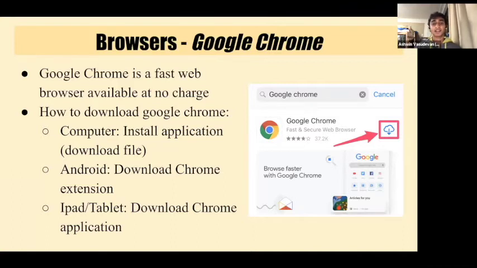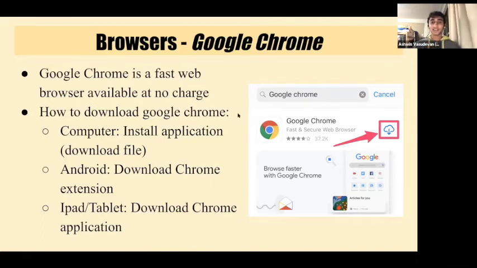The way to download it should be the same on Android or any other computer device. Or if you have an iPad or tablet, you would go to the App Store or Google Play Store and download the Chrome application. And there's a little picture of how you would do it on the tablet.